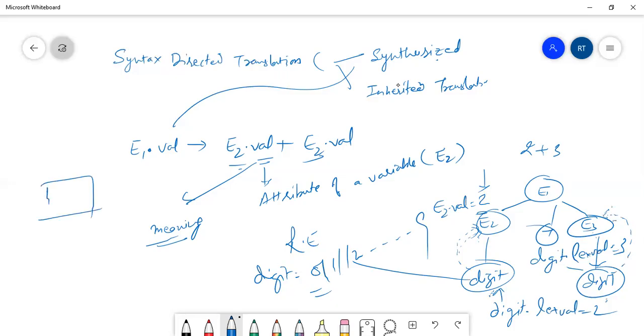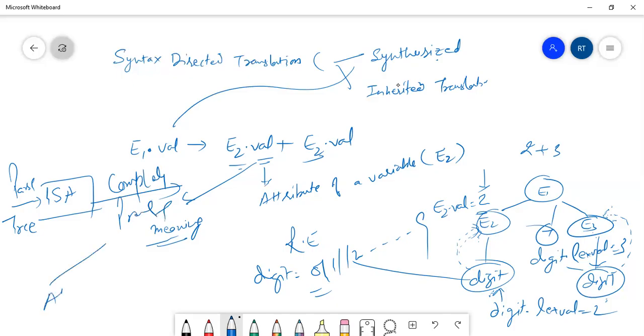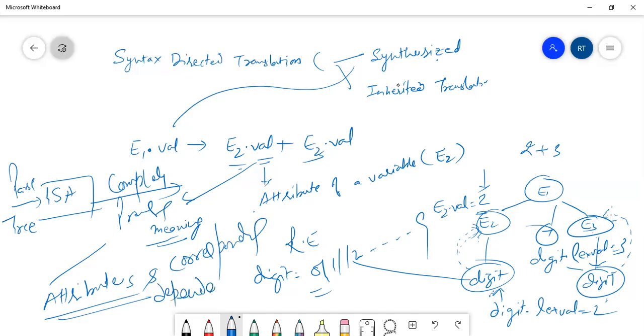We know that in semantic analysis, the input is the parse tree generated from syntax analysis, and the output is the complete parse tree with attributes, their values, and corresponding dependencies. So from here we get E3.val is equal to 3.